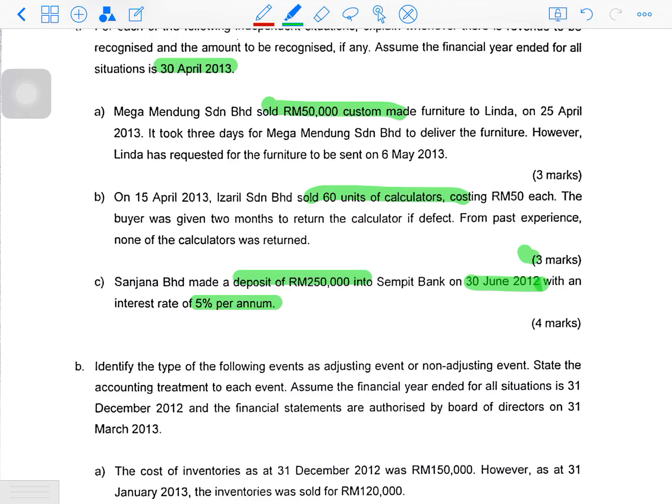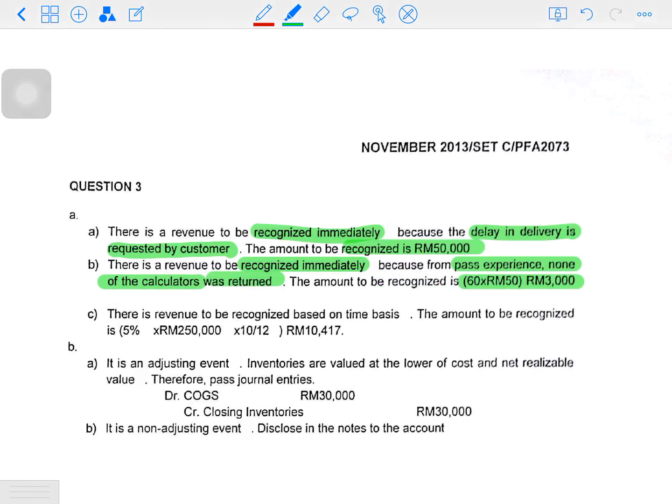Daripada 30th June maknanya Julai, August, September, October, November, December, January, February, March, April. 10. Tapi Jun ni tak kira dia 30 Jun lagi. Ingat 30 Jun. Jadi 10 lah kan? 5%.